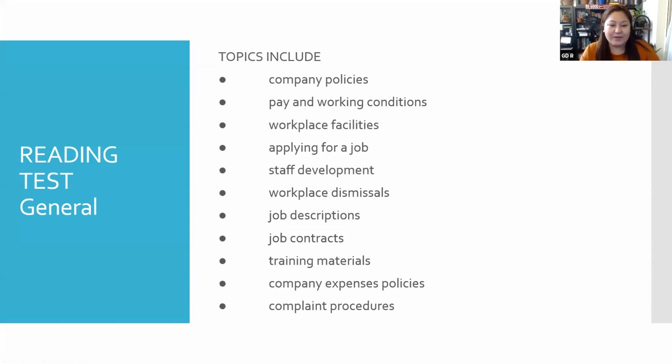They would also get articles from your training manuals, job descriptions, job contracts, training materials, company policies, complaint procedures, so standard operating procedures in the office. They would get excerpts from that, and that's what you would see on your exam.